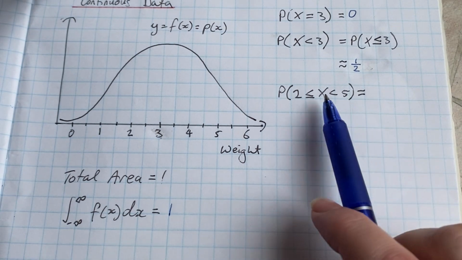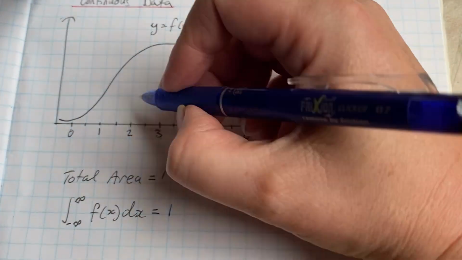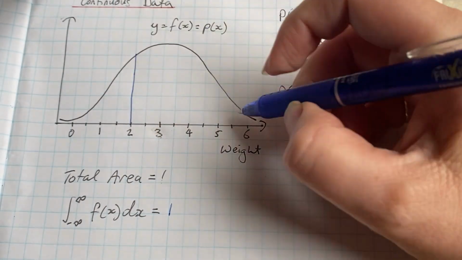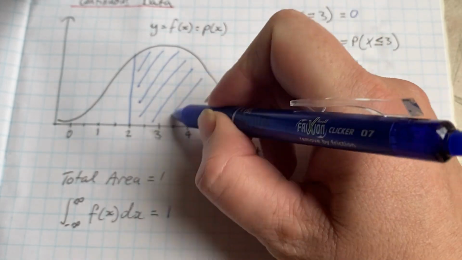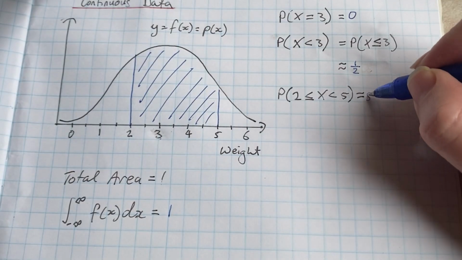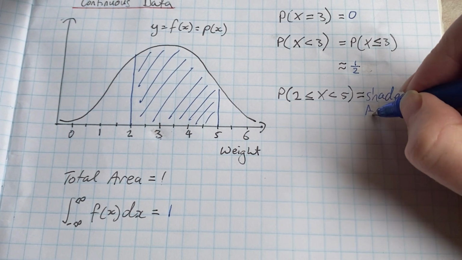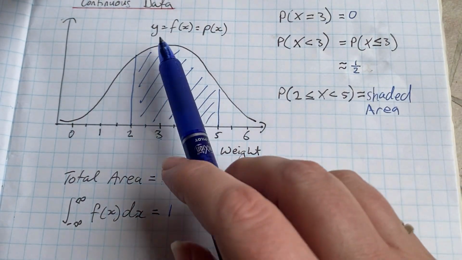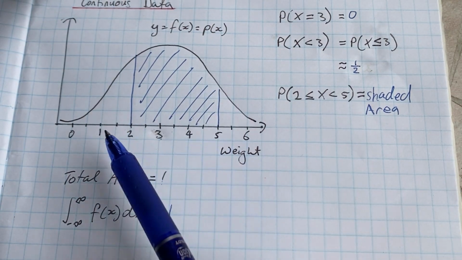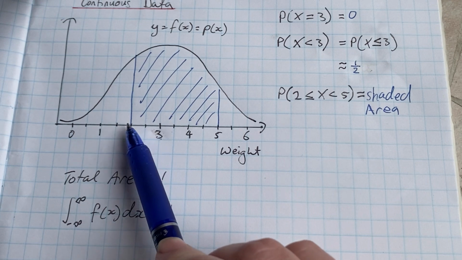The probability that a value is between 2 and 5, if I go from 2 to 5, that probability is the shaded area. That is how this curve is defined to be. It is defined that way, that this area will give you 2 to 5. If you want it from 2 to 2.1, it's that little area there.